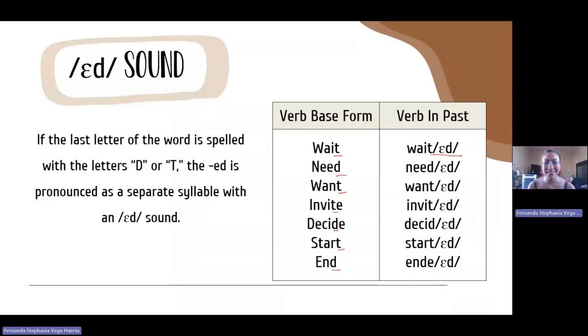Waited, right? Needed, wanted, invited, right? You add another syllable in order to pronounce the ed sound. Instead of wait, waited, needed, wanted. It's divided into another syllable in order for you to pronounce the specific sound. Make sense?